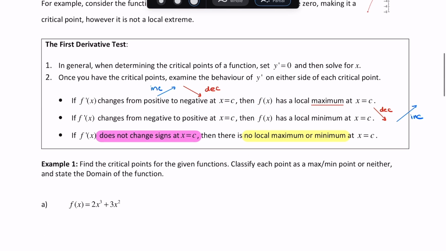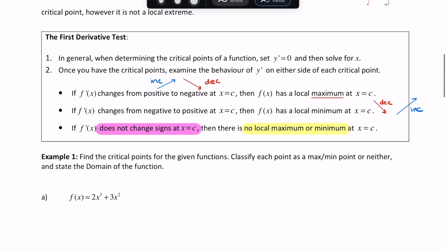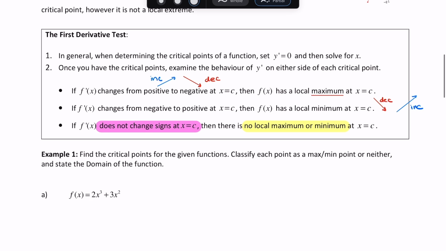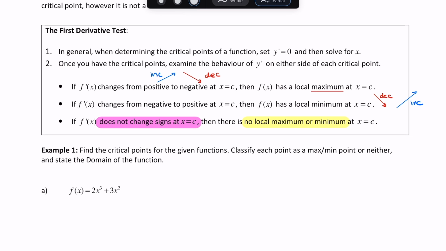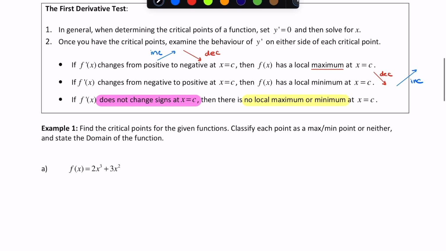Let's look at this first example. It says f of x is equal to 2x cubed plus 3x squared. The first thing we want to do is derive f of x. So the derivative f prime of x is equal to 6x squared plus 6x. That's the first step. Next, we want to make f prime of x equal to 0 and solve for x.